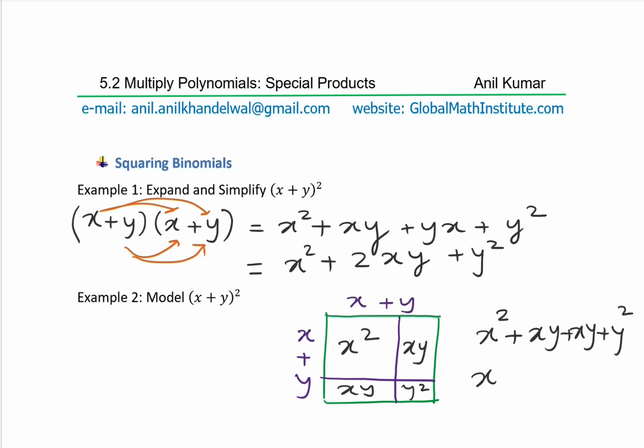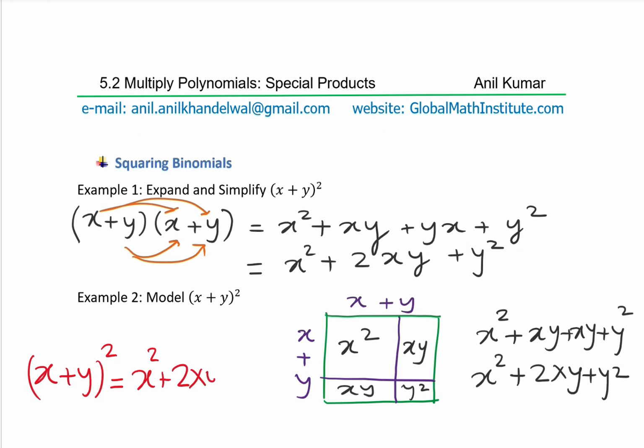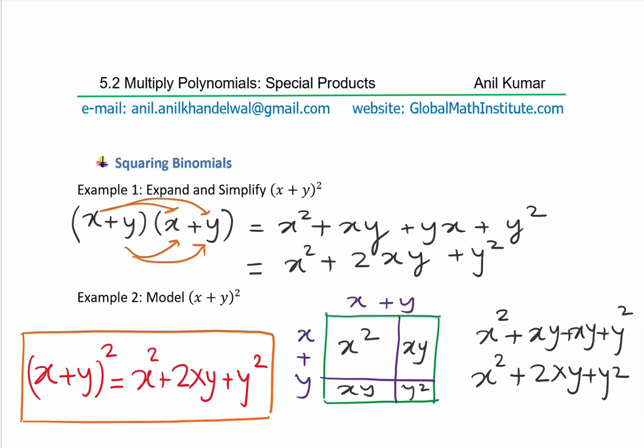Combining the like terms, we do get x squared plus 2xy plus y squared. So in short, we can write down a formula, which is x plus y whole square is equal to x squared plus 2xy plus y squared, correct? So that becomes a formula which we are going to use many times in coming examples.